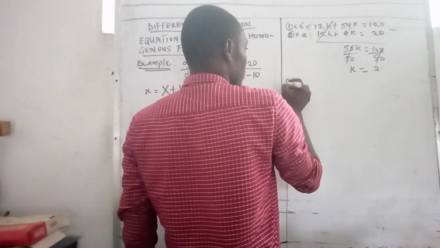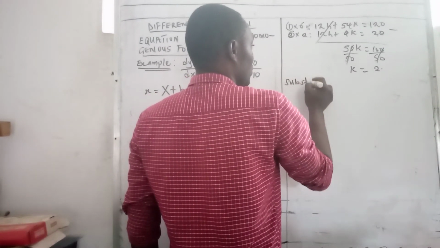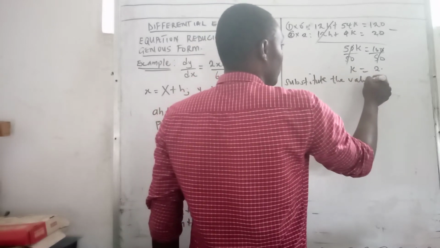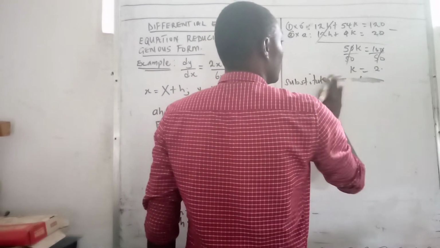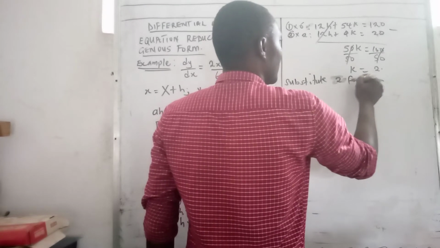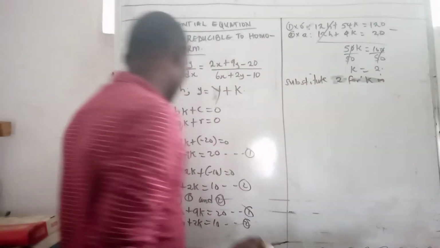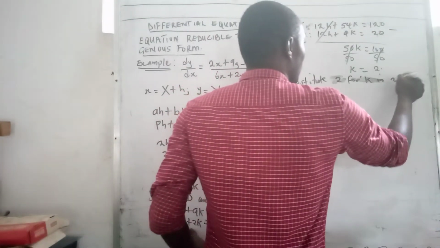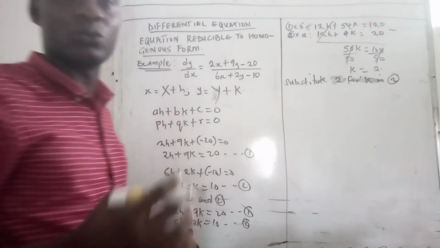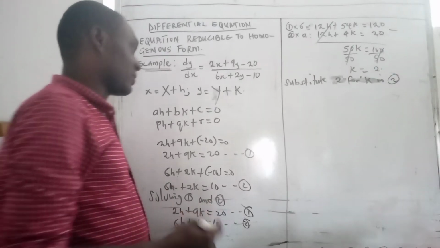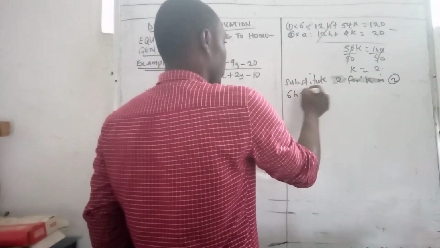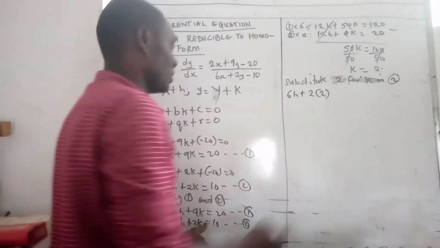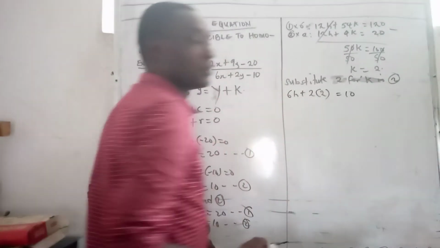So let's substitute the value. Substitute 2 for k in any of the equations. I'll substitute in equation 2. You can substitute in equation 1, you get the same value. So I have 6h plus 2k, my k is 2, equals 10.